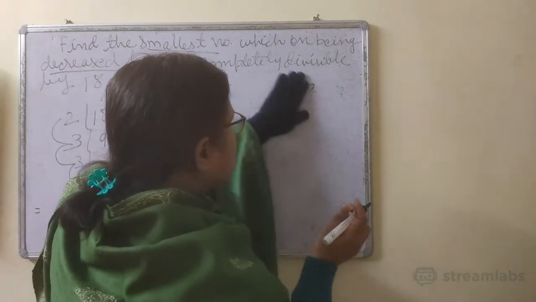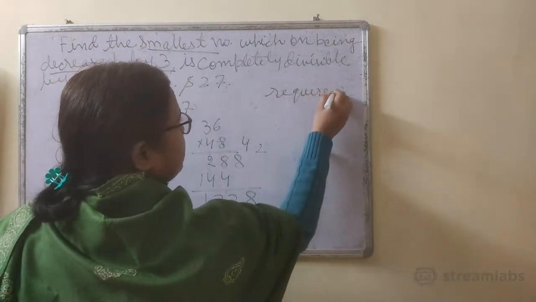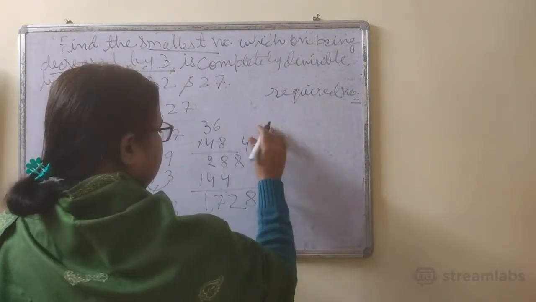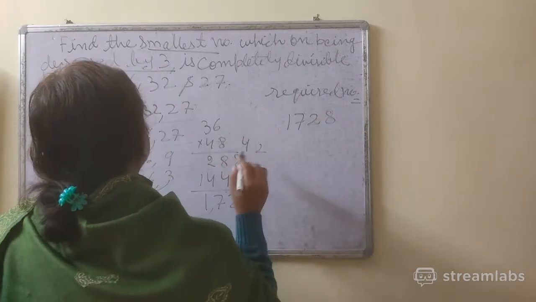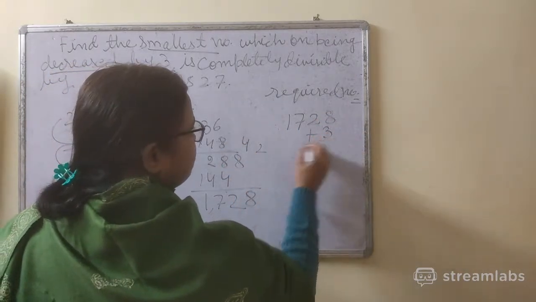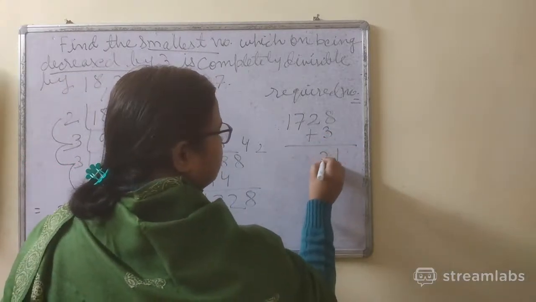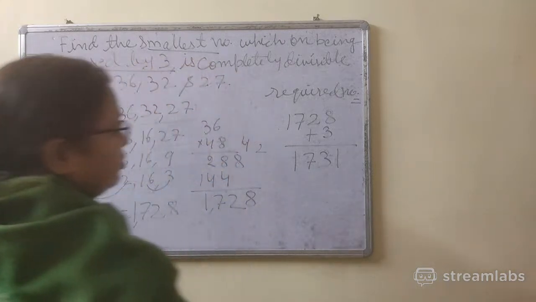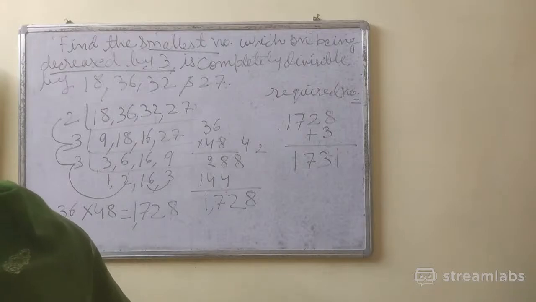So first you will write what? First you will write the required number is. Required number is equal to what? 1728. Decrease by 3 means plus 3. Okay. So 1731.